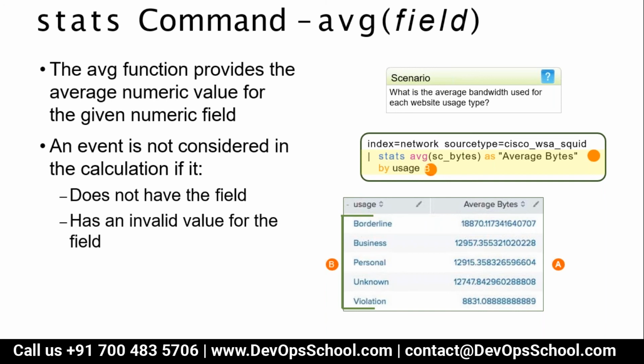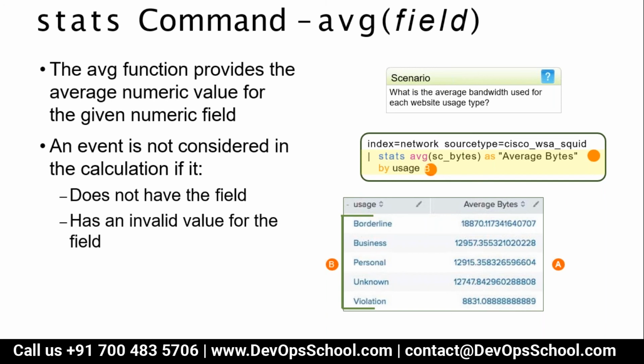It counts everything, divided by the number of occurrences of the field. An event is not considered in the calculation if it does not have that field, or has invalid values for the field. So remember, average needs numerical values, the numerical content.